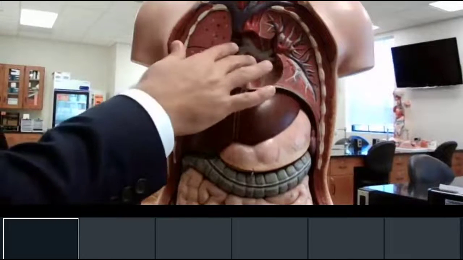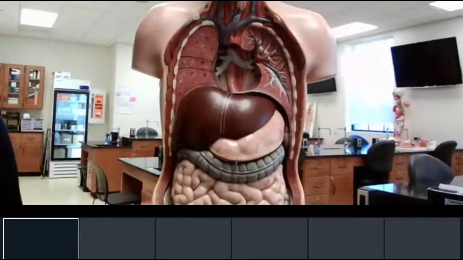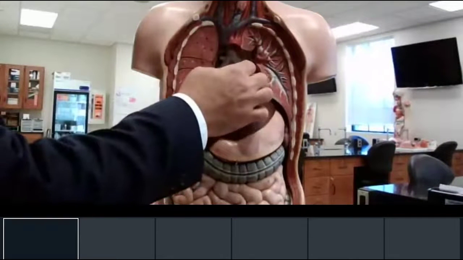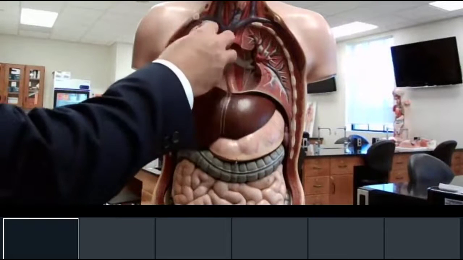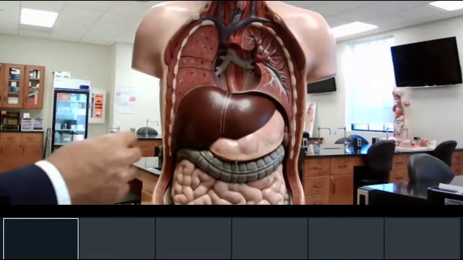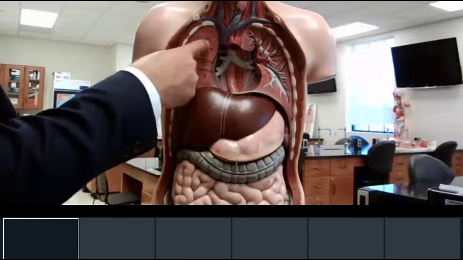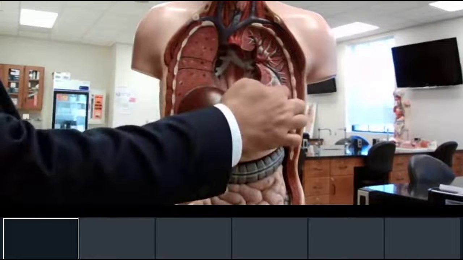And there are some nerves here, so you could also name them, like the vagus nerves. There is one on each side, and also the phrenic nerves, again, one on each side, and the cardiac nerves.